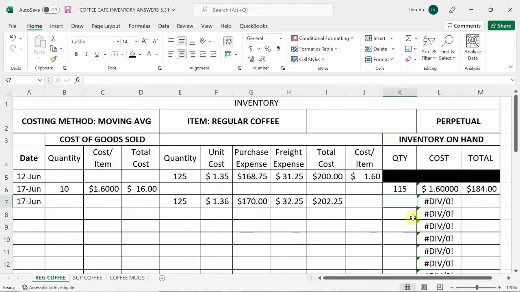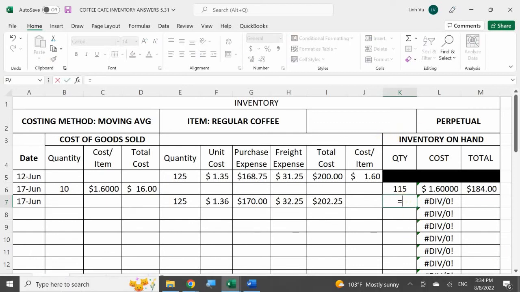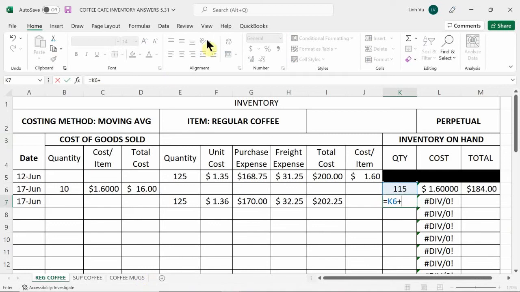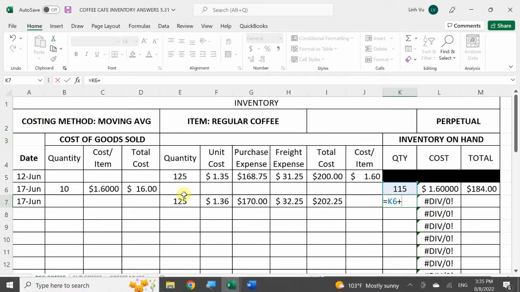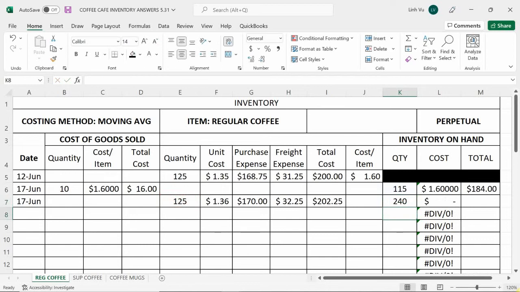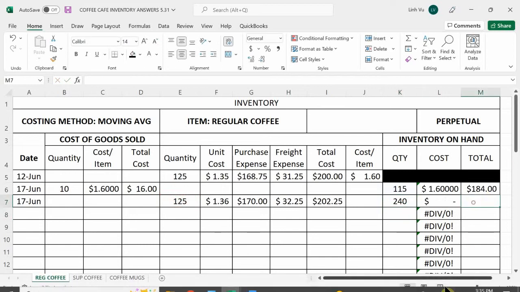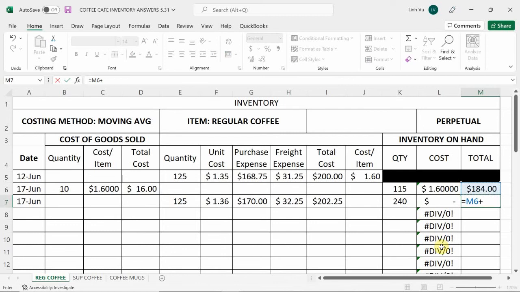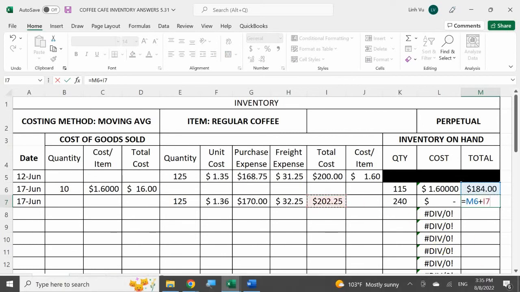So in this case, if I had 115 and we just purchased another 125 pounds, how many pounds should I have now? 240. If I started with $184 and I just added $202.25, how much should I have in grand total? 386.25.